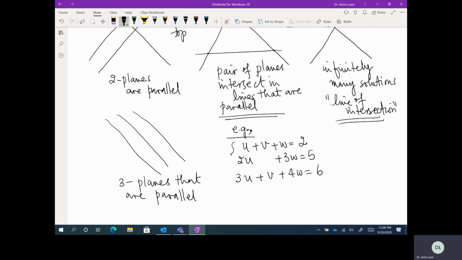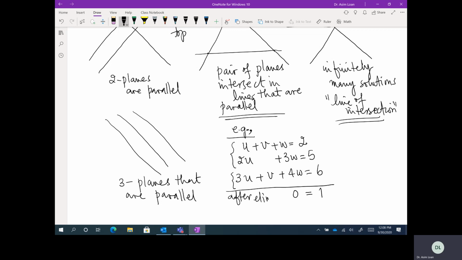Now if I add these two equations, I'll get the third one. So if I subtract this third equation from the first two equations, I will get 0 equals 1 after elimination.